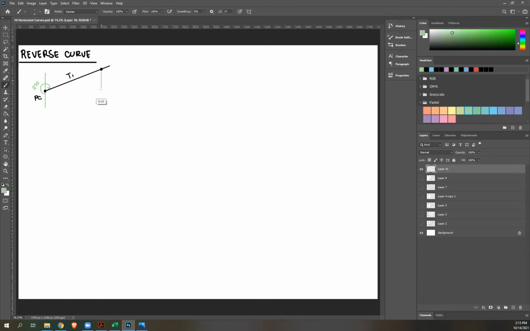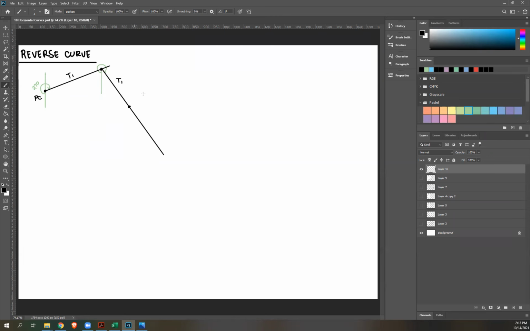Azimuth of common tangent is 300. So measure out 300, probably something like that, and then draw your line. Remember, T1 equals T1. So measure out roughly the same length on this line. So something like that over here. So this is the end of T1.